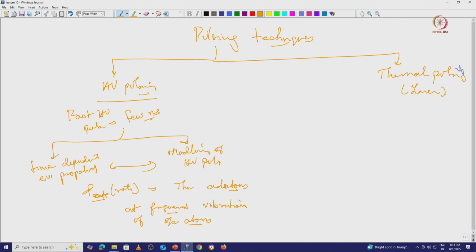This frequency, as I told you, nu 0, is around 10 raised to the power minus 13 to 10 raised to the power minus 11 per second. This is the frequency.